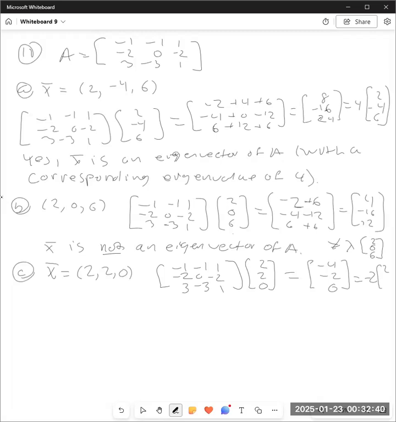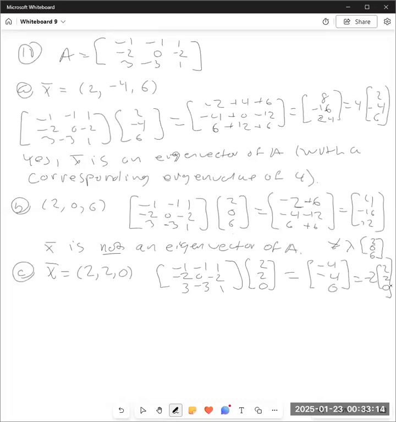Let's see here, this is -4. How are they getting that? Oh, I just can't multiply. -2 times 2 is -4. So this is 2, 2, 0.